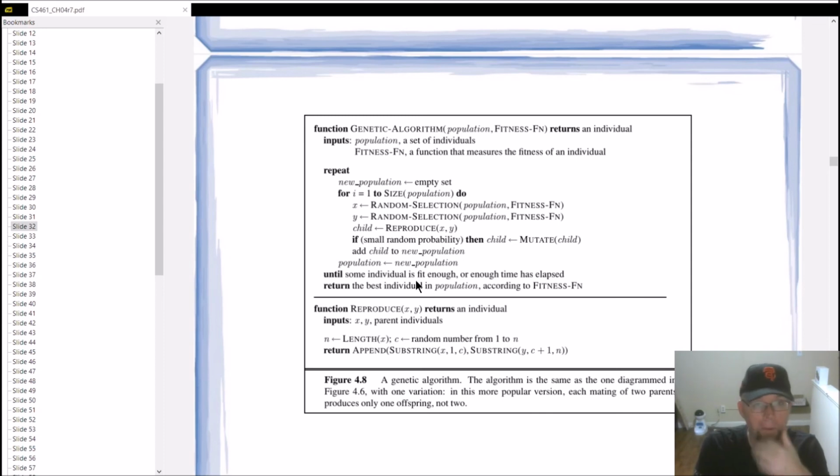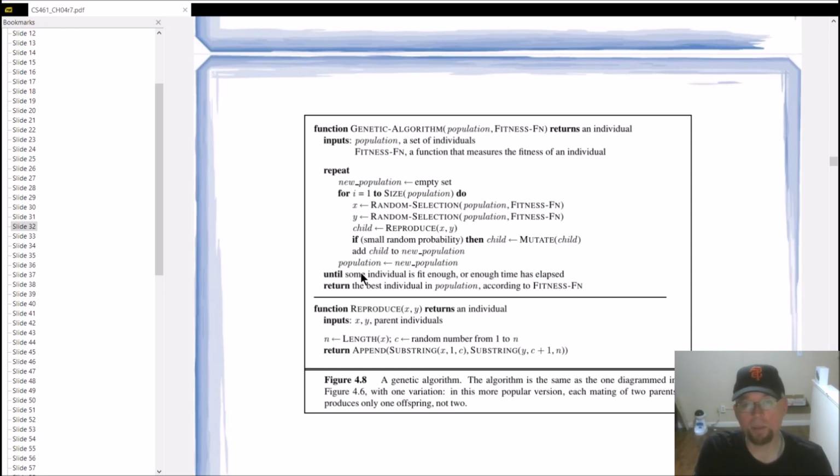Now what does that mean? Well, in the case of the 8 queens problem, it's pretty easy to know what an individual state that's fit enough means. The goal is to find a state where none of the queens are attacking each other, right? Now there could be multiple states that fit that definition. There could be multiple configurations of the 8 queens that don't attack each other.